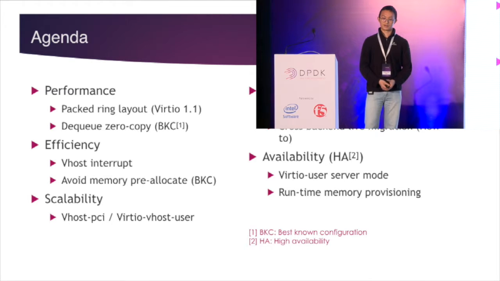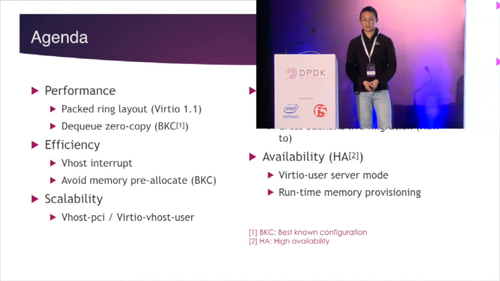Right now there's a 1.1 spec that's expected to be published in the near future. Previously Virtio was for cloud usage, and right now I think it has also evolved to be used for NFV use cases.